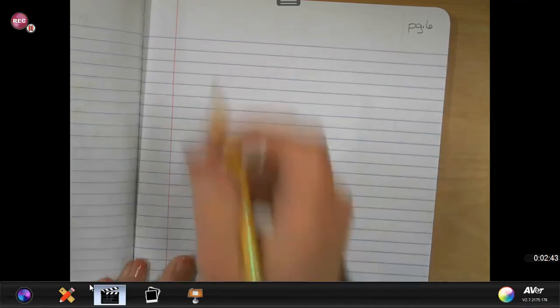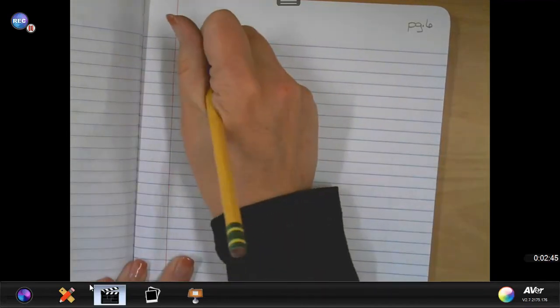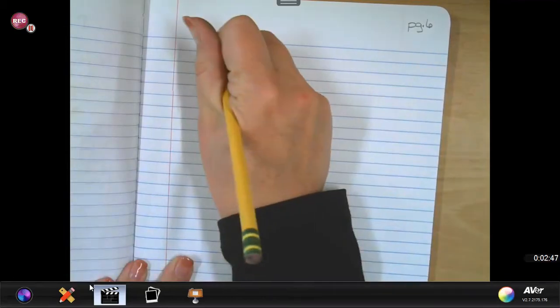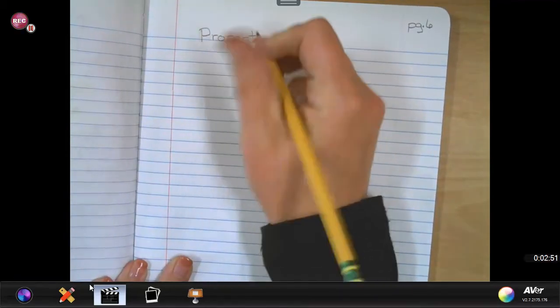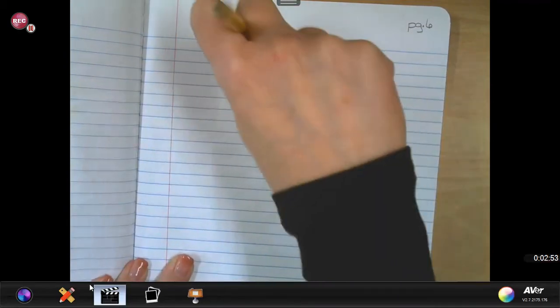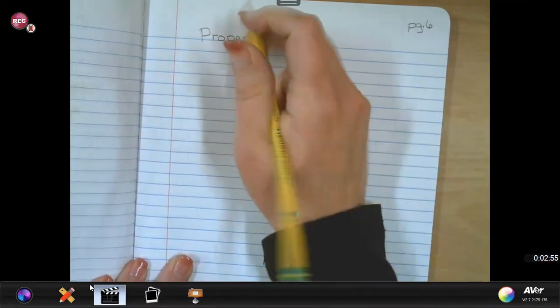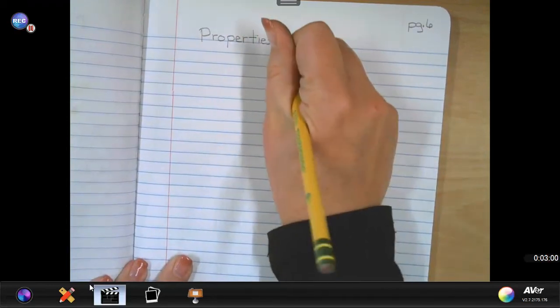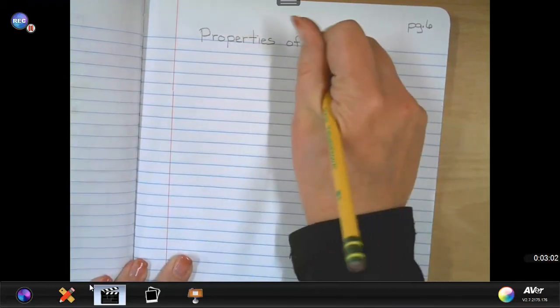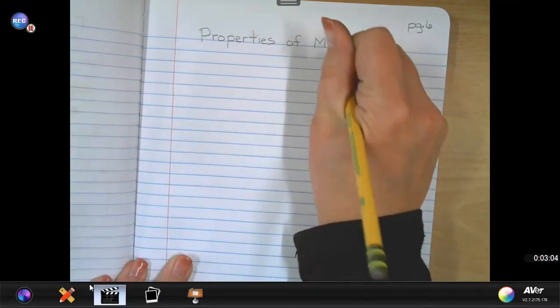The first property of multiplication that we talk about is the commutative property. Now there are 3 different properties.